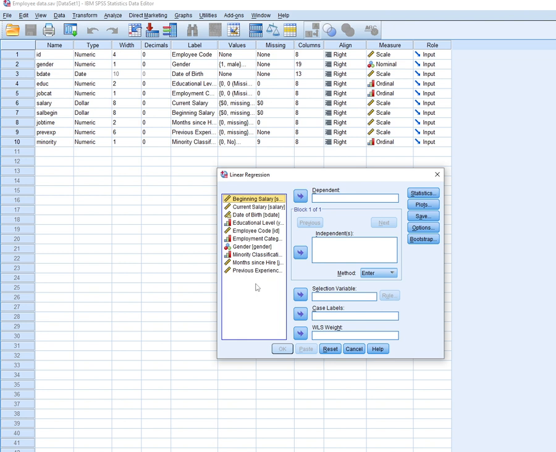So my dependent variable is salary. I want to know how salary will respond to changes in my education level.